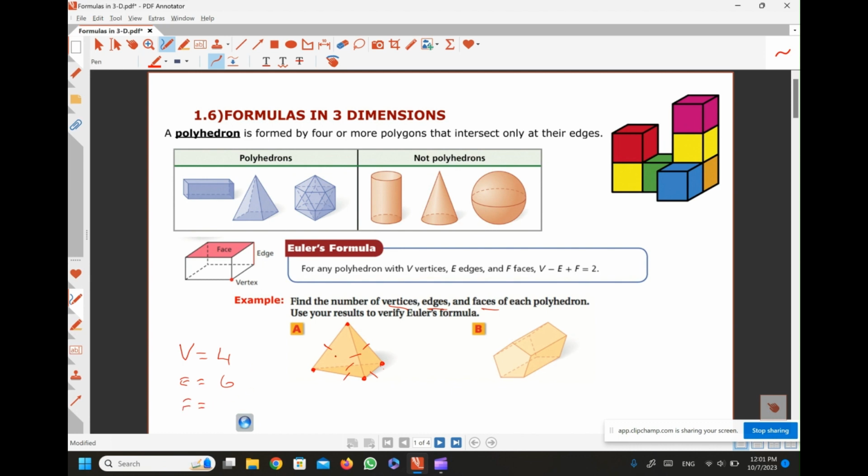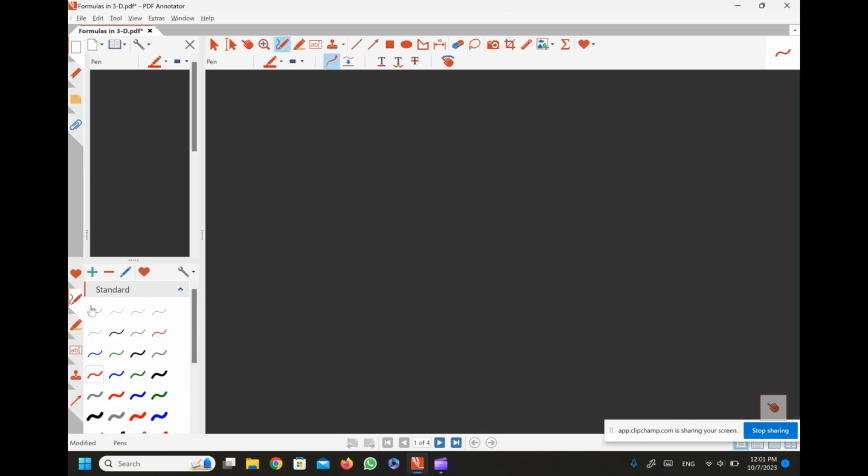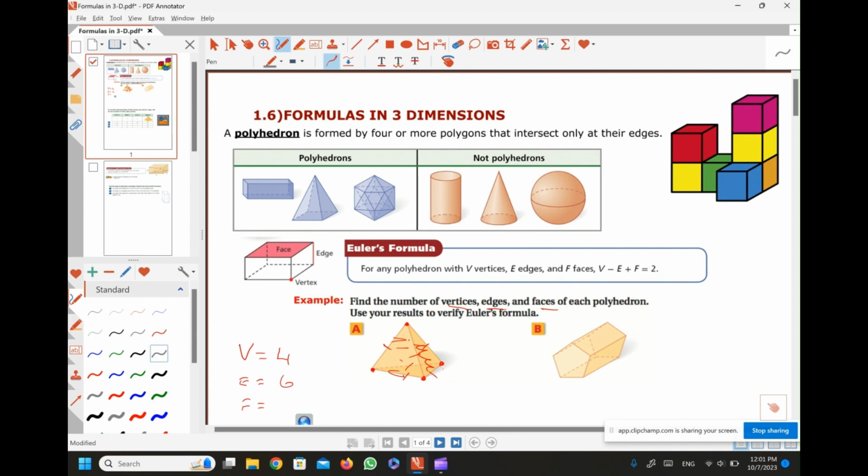And lastly, we'll talk about faces. Number of faces. We see two front faces here. One face, two faces, and we have one at the back, 3 faces, and one at the bottom. 4 faces.